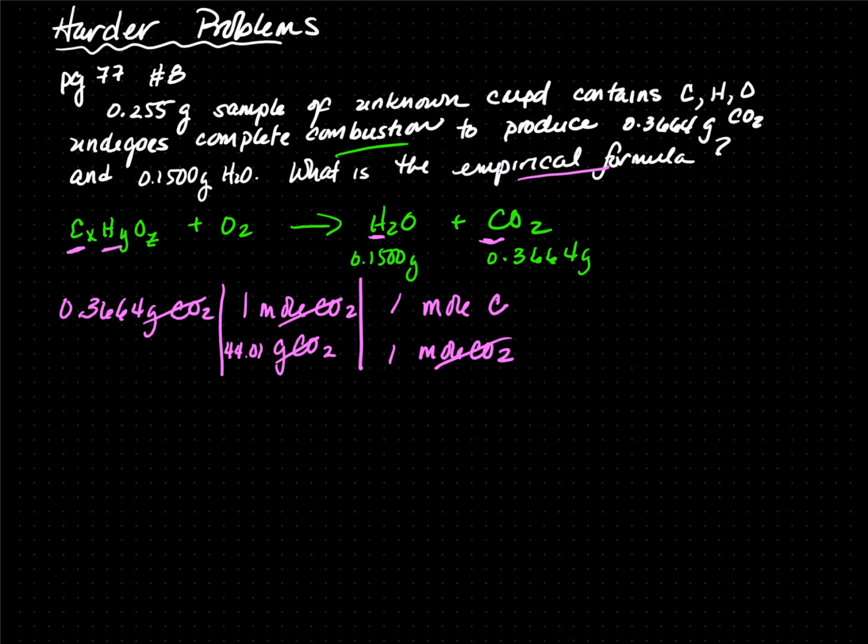Since we don't know the amount of oxygen, we have to convert the moles of carbon into grams of carbon because the sample weighs 0.255 grams. That is the mass of the carbon element, the mass of the hydrogen element, and the mass of the oxygen element.